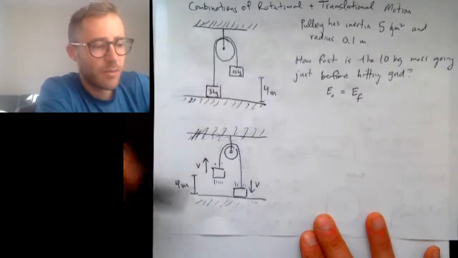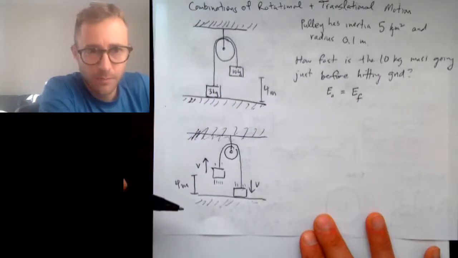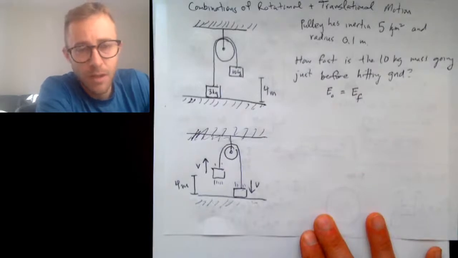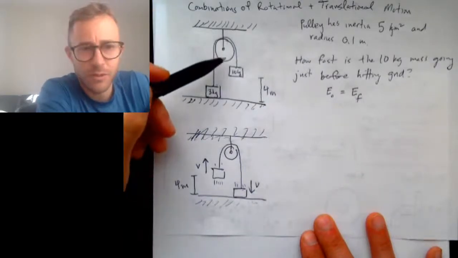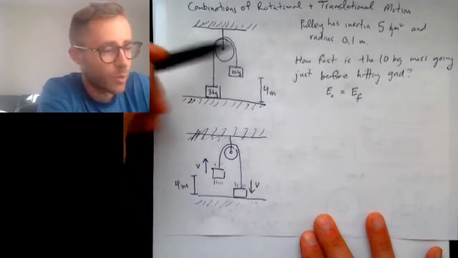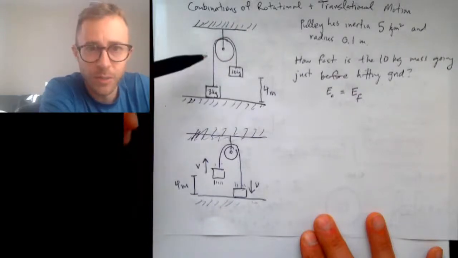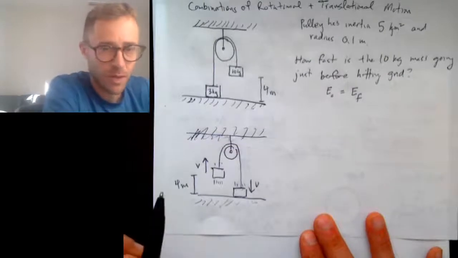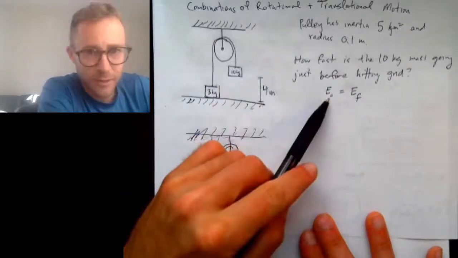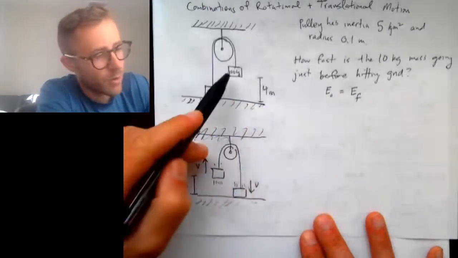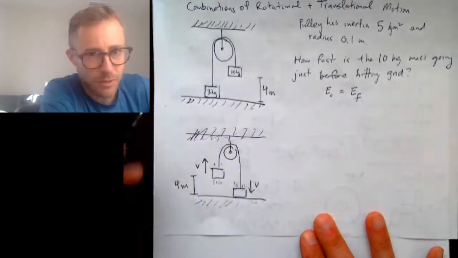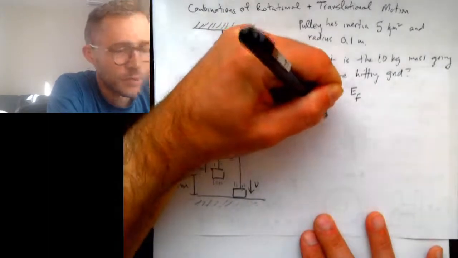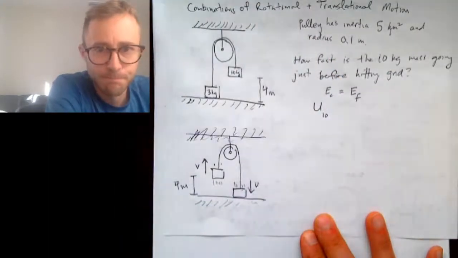The 10 kilogram mass is in the air, so it has gravitational potential energy. And also the pulley has gravitational potential energy, but we're not going to worry about it because the pulley isn't moving up or down. It's staying at the same elevation. Okay? So basically my initial energy is only the gravitational potential energy of the 10 kilogram object. So I'll put that as U10. Okay?